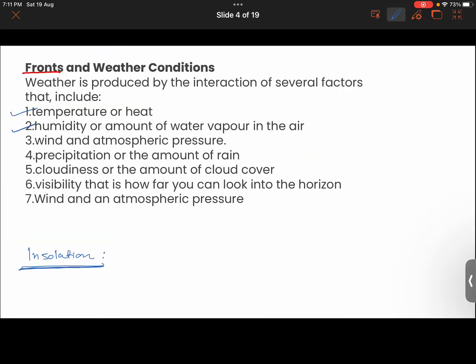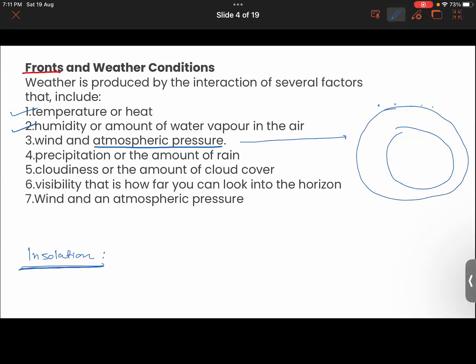So atmospheric pressure, what is it? It is simply the pressure generated on the surface of the earth due to air mass. So this is your earth here, and there's a blanket layer surrounding the earth that we call atmosphere. Especially in the lower levels of the atmosphere, where the density of air is higher, higher air molecules are found.